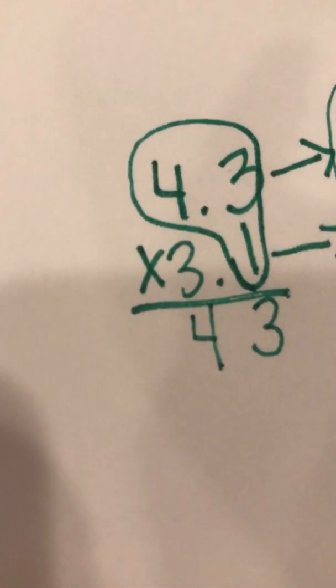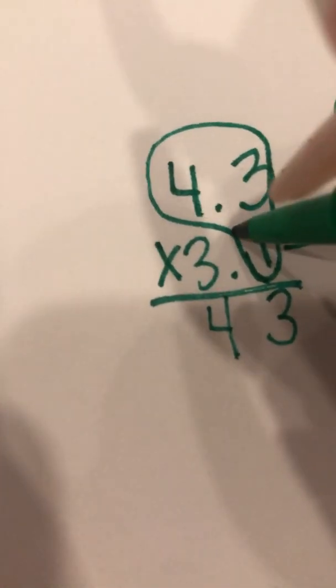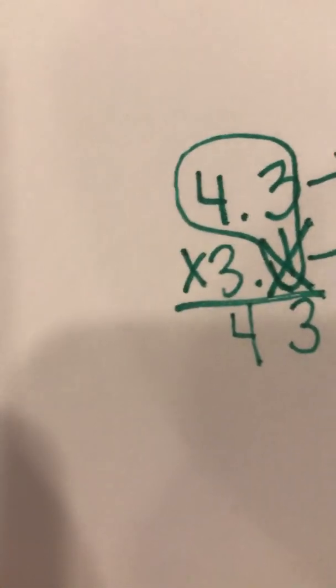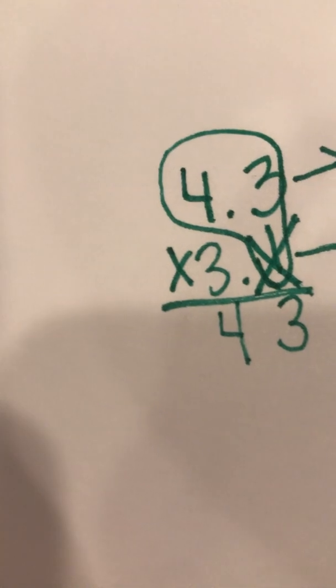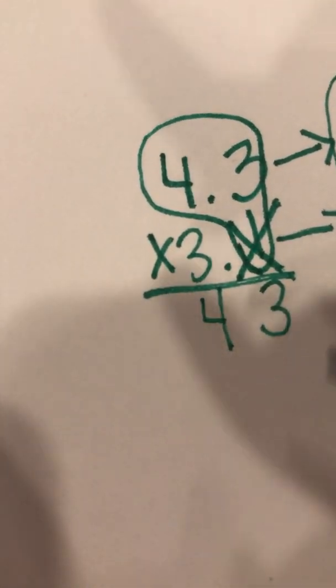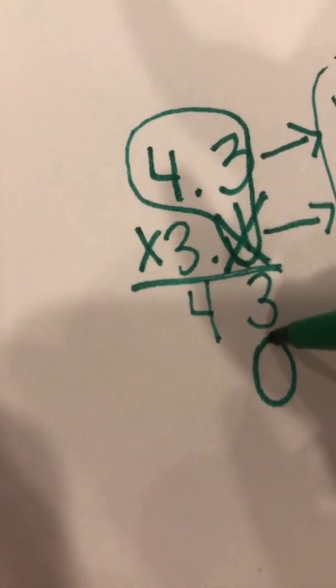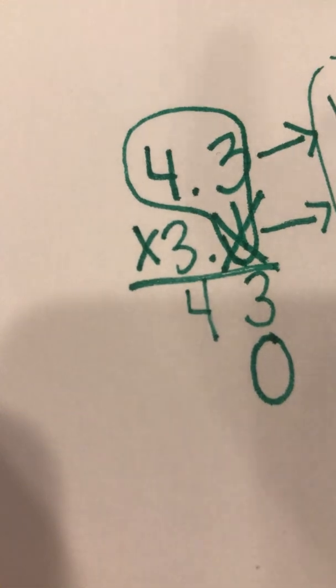I am finished with my first multiplication problem, so I can cross this little one out. Goodbye, don't need you. Now I'm going to move on to my second multiplication problem. Since I have a second multiplication problem and I cross this out, we have to call 0 the hero. Yes, Anthony, 0 the hero, your favorite number.